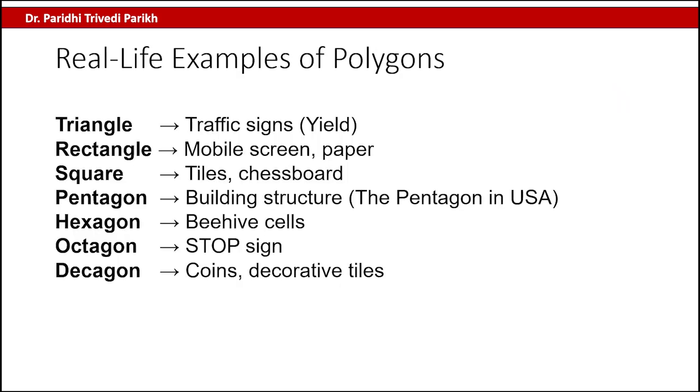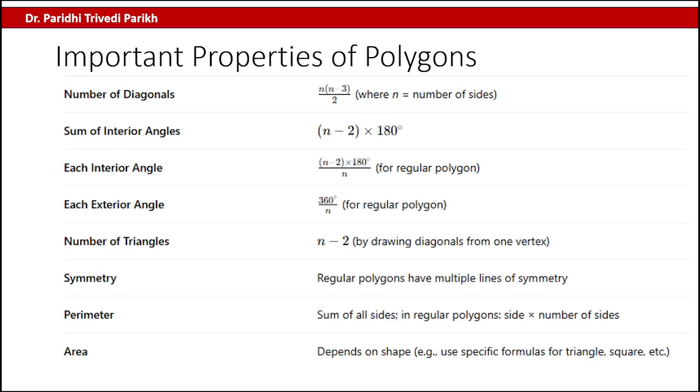Some more examples: triangle is traffic signs, rectangle is a mobile screen, square is tiles and chessboard, pentagon is sometimes building structure, maybe the Pentagon in the USA. Hexagon is beehive cells, octagon is a stop sign, decagon is a coin or decorative tiles. So these are real life examples of polygons.